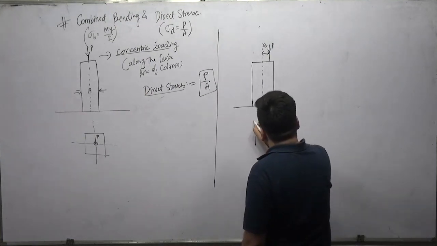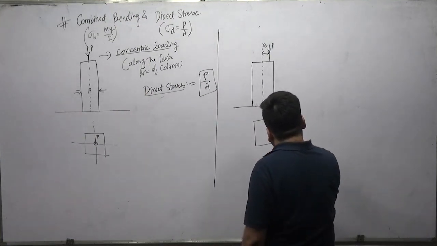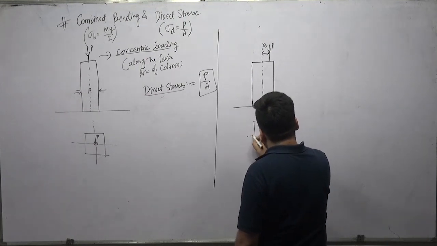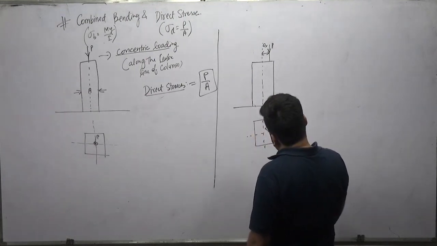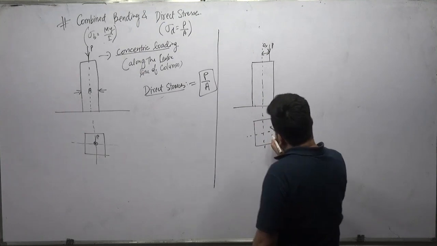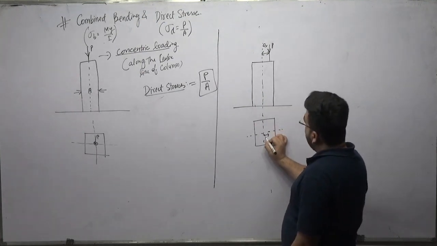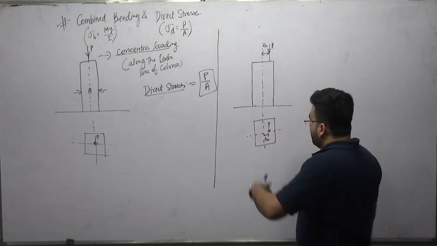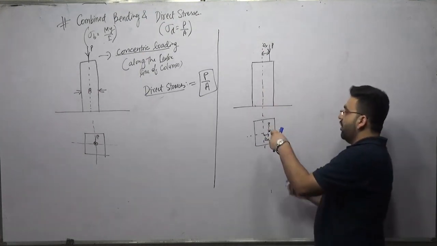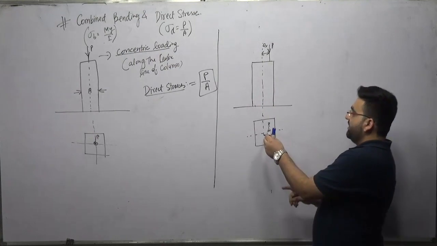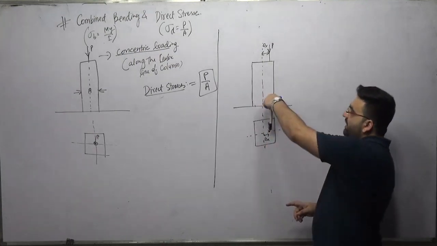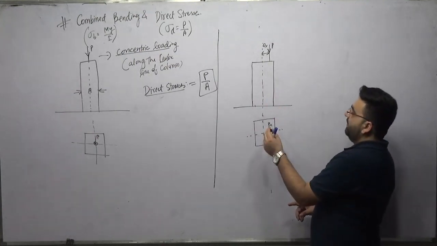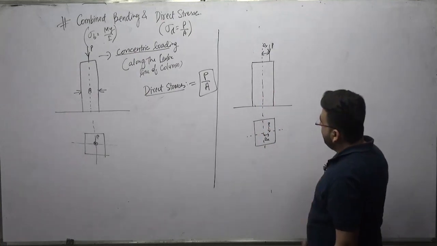Let me draw the top view. So this is the top view. I can have a loading at this point also, at a distance of small ex. This P is not shear, it is actually normal to the column, acting like this, at a distance of Ex.